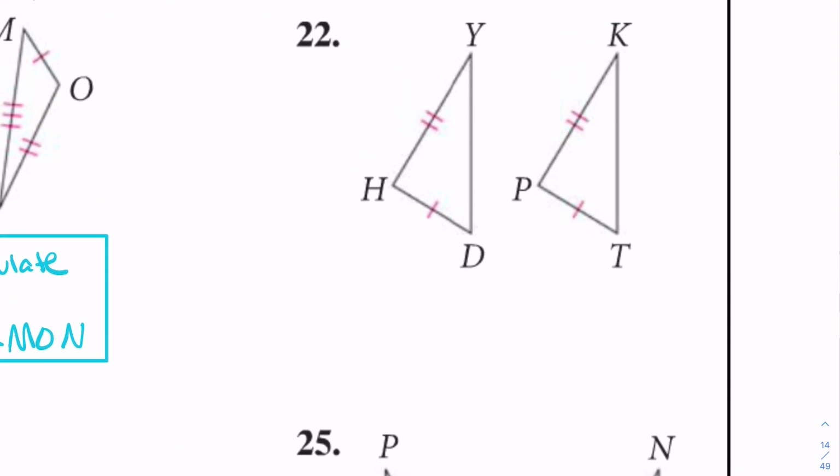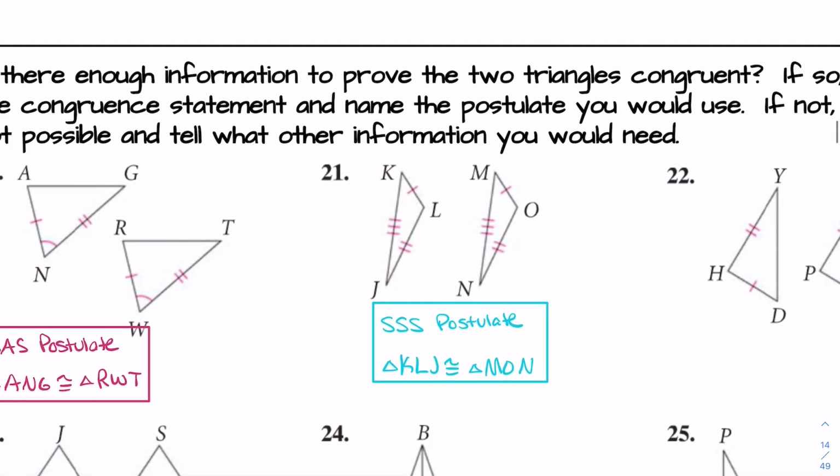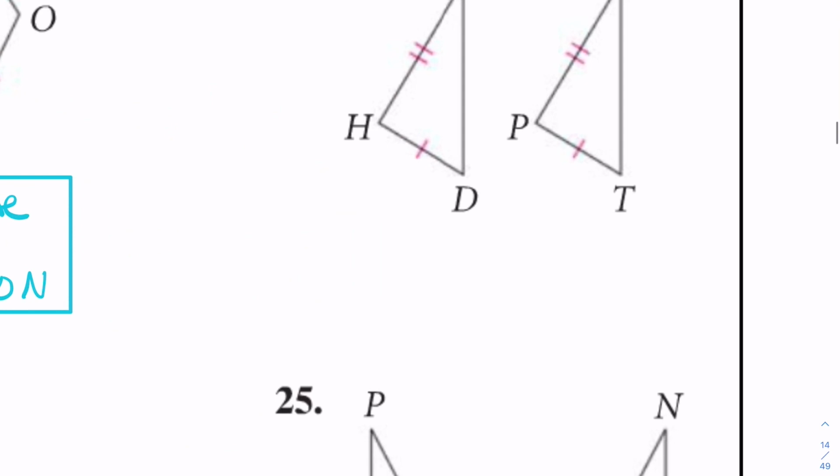Okay, so this one is not congruent because we don't have three pieces, but we could do side angle side.